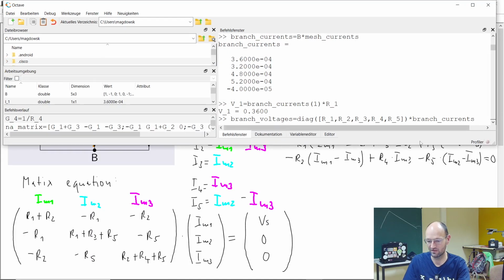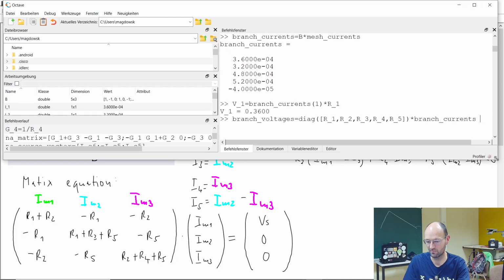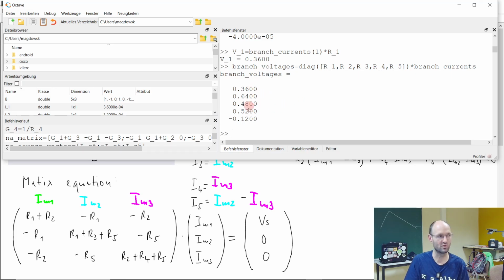I think I need to make this a little smaller so it's not hidden behind my camera window. So a diagonal matrix, we can have a look at this in a second, that just contains the resistances on the main diagonal, multiplied with the branch currents gives the branch voltages. So this would be all the branch voltages, and this also corresponds to what we had last week if you would check. It also makes sense because the first and the second voltage together give 1 volt.